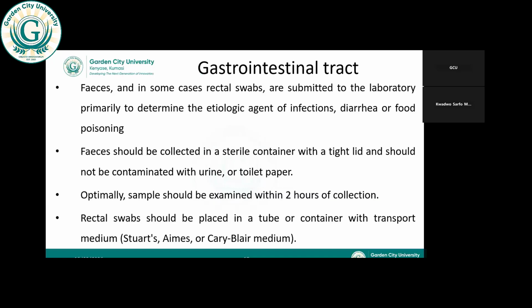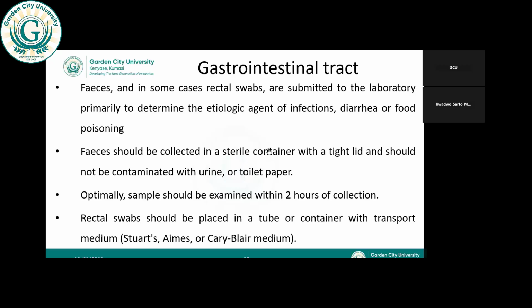So for gastrointestinal tract infections, you can have fecal samples or rectal swabs in cases where the person is able to produce the stool or the feces. And usually for diarrhea or food poisoning detection.